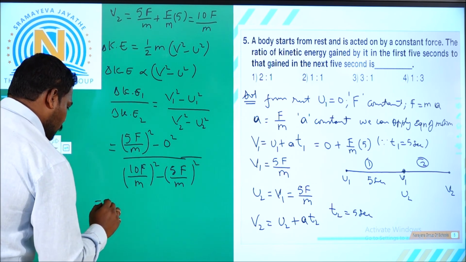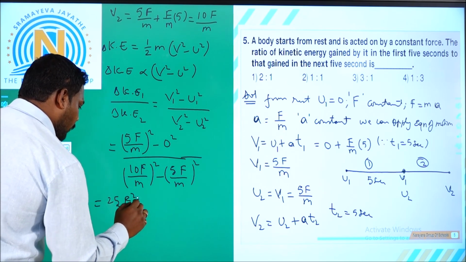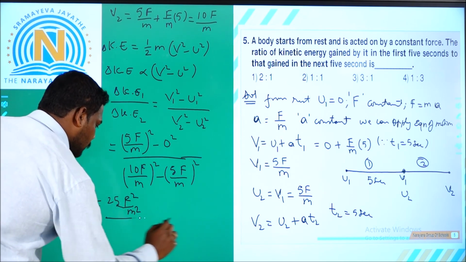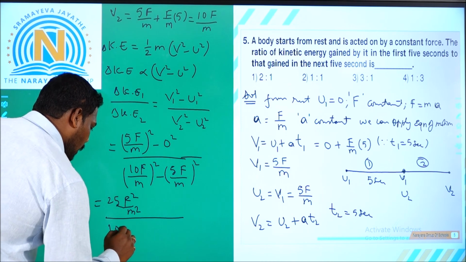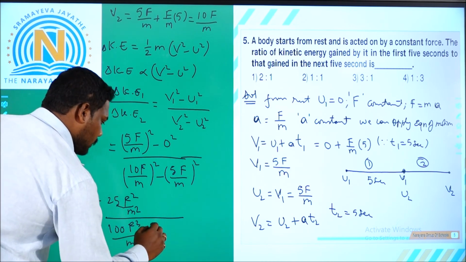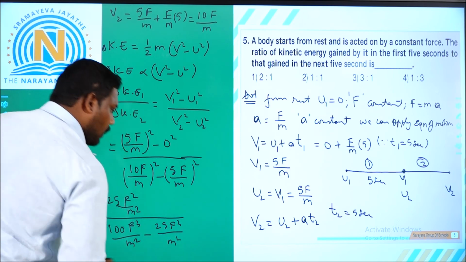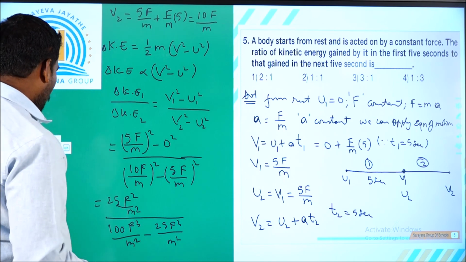Now which is equal to 25 f square by m square by 100 f square by m square minus 25 f square by m square.